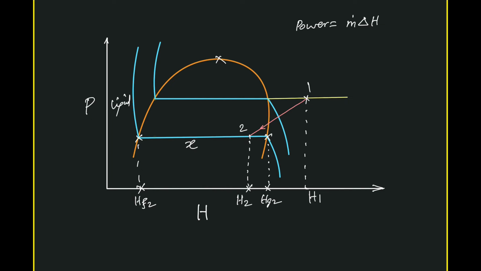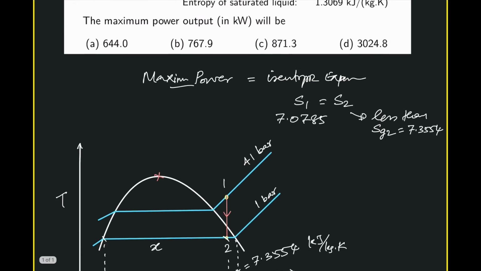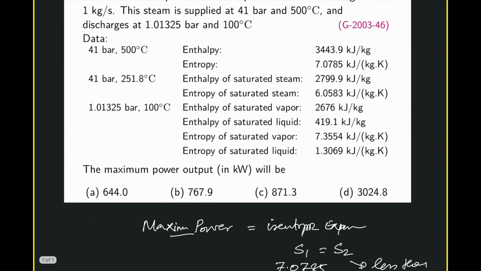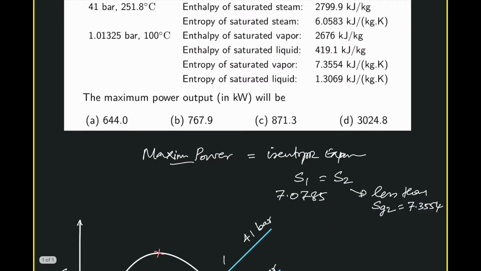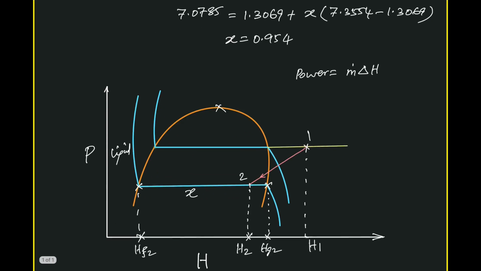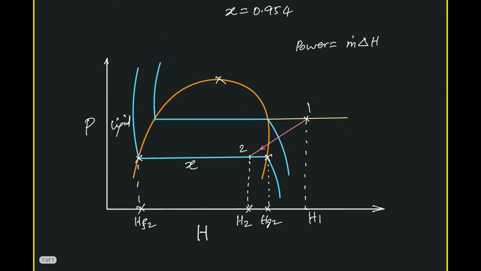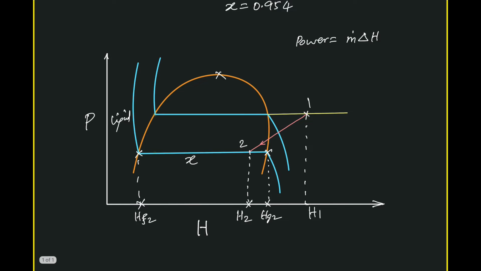So H1 is available, what is H1? This value, enthalpy of the inlet condition, 3443.9 kilojoule per kg. That we will write now first. H1 equal to 3443.9 kilojoule per kg, and H2 is to be obtained.